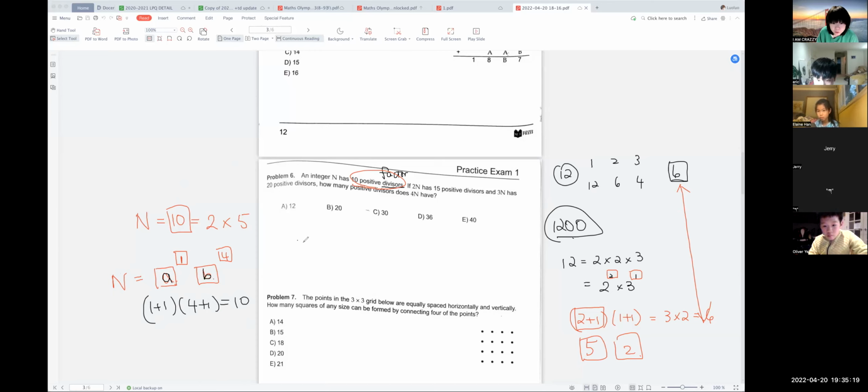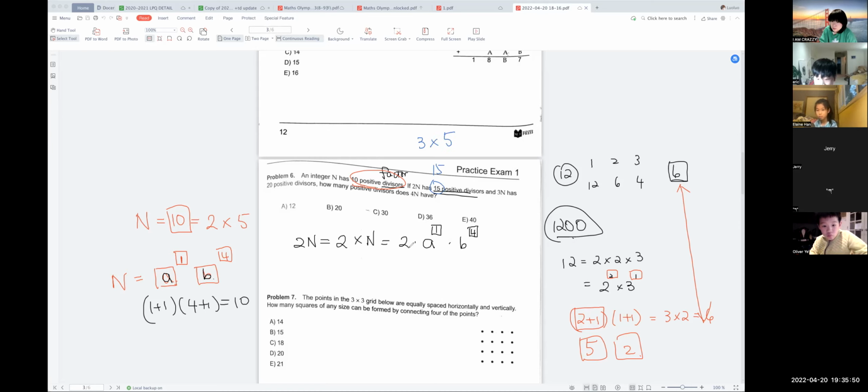We know 2n has 15 positive divisors. So 2n equals 2 times n, aka 2 times A to the power 1 times B to the power 4. Do you understand this part, everybody? If you don't understand, you can ask me right now. We know 15 equals 3 times 5.